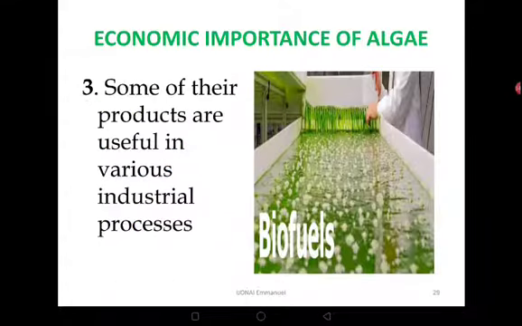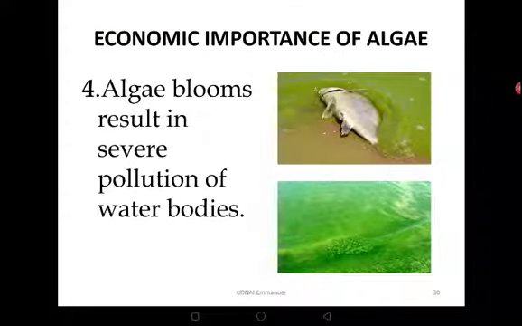So they are very important there. Some of their products are useful in various industrial processes. For example, in bioresearch, in pharmacology, in therapeutic medicine, used to manufacture biofuels, and so on. So they are very important in the industrial processes.